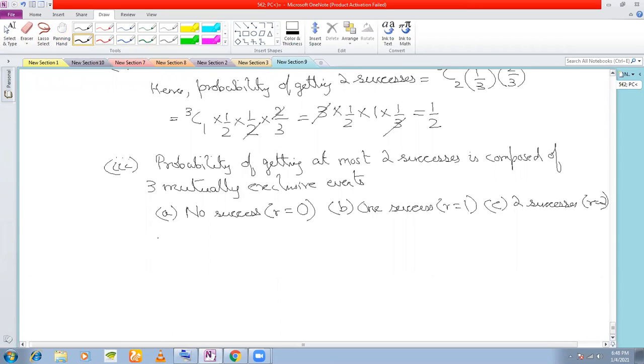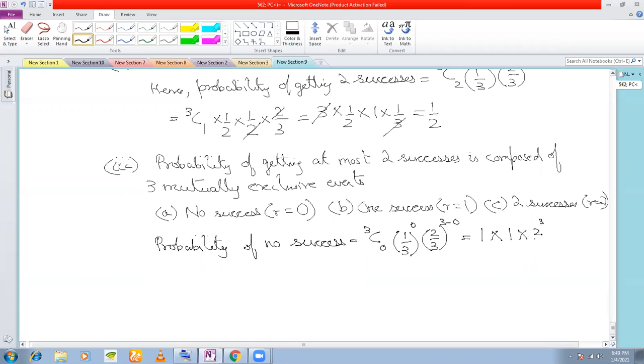So what is the probability of getting no success? It is nCr: 3C0 into p to the power of r, what is the value of p? p is 1/3. 1/3 to the power of r, r is 0, into q to the power of n minus r, 3 minus 0, right? 3C0 is 1. 1/3 to the power of 0 is 1.